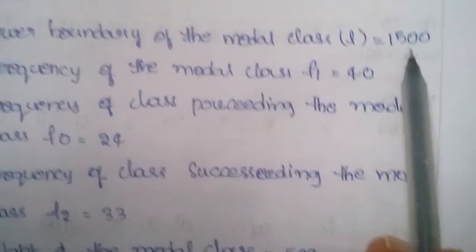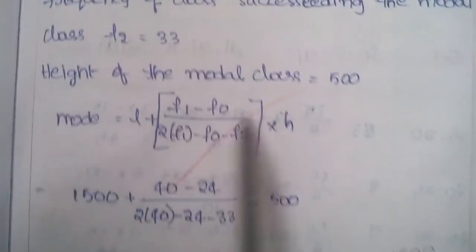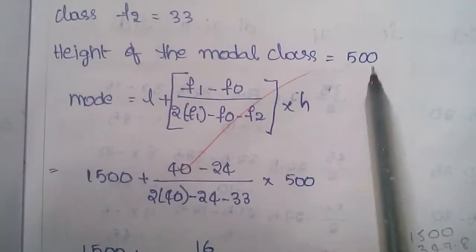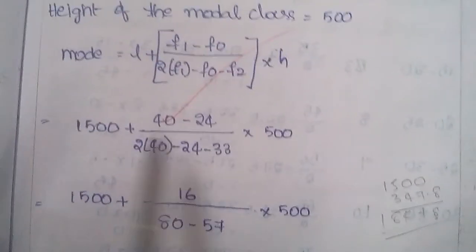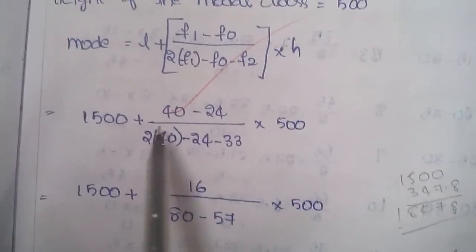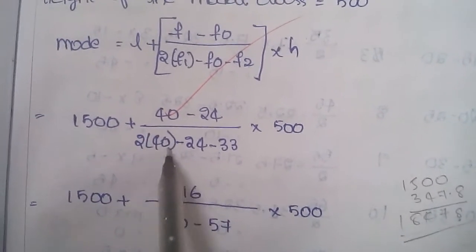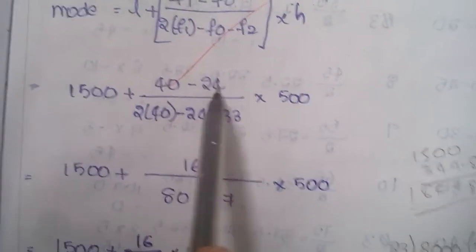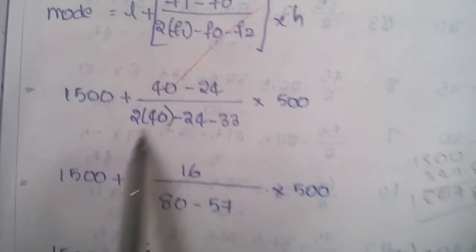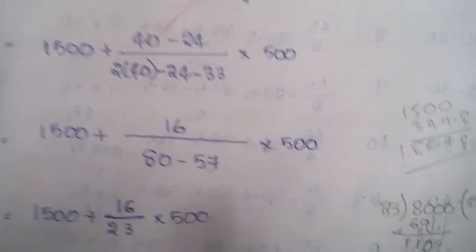Lower boundary L is 1500, f1 is 40, f0 is 24, f2 is equal to 33, and h is equal to 500, which is the class interval width. Now substituting the values: 1500 plus (40 minus 24) into 500 divided by (2 into 40 minus 24 minus 33). 40 minus 24 is 16. 2 into 40 is 80, so the denominator is 23.